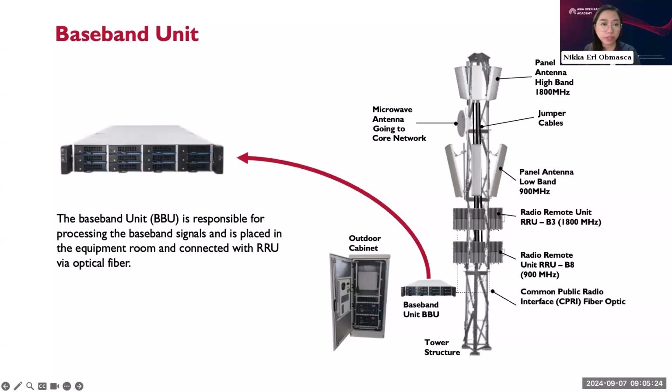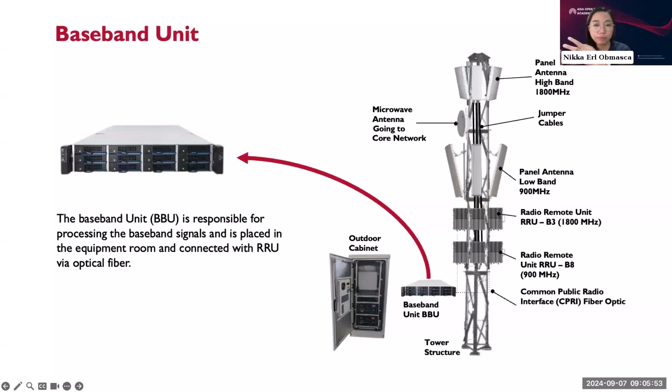So the baseband unit is responsible for processing the baseband signals that is placed in the equipment room and connected with RRU via an optical fiber. So this is one of the essential components in a mobile network, usually found at the base of the cell tower or in a cabinet or at a centralized location.